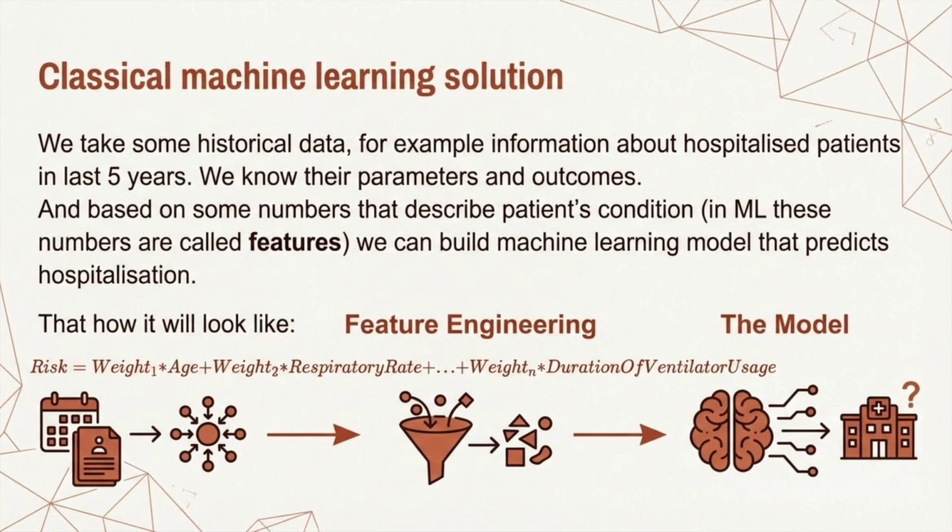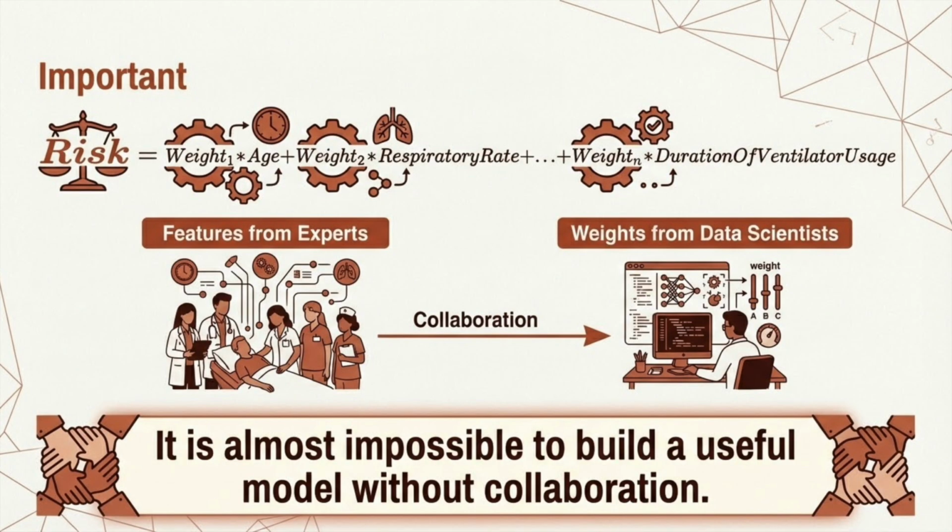Based on this, we can build a machine learning model that can predict hospitalization. Because we know the history for 5 years for, let's say, 100,000 people who were or were not hospitalized. We know everything about them, and our goal is just to find the necessary weights. We discussed it last time, so again, episode 1.